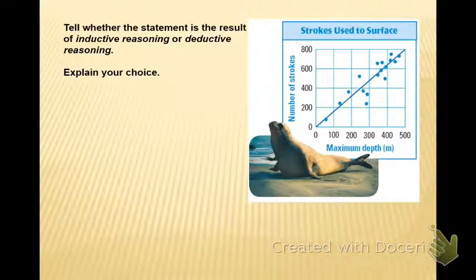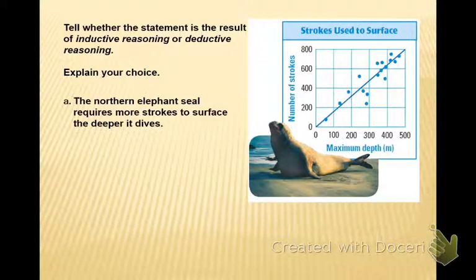Seal. Whatever that thing is. We have a graph here, strokes used to the surface. Okay? So if we made this conjecture, the northern elephant seal requires more strokes to surface the deeper it dives.